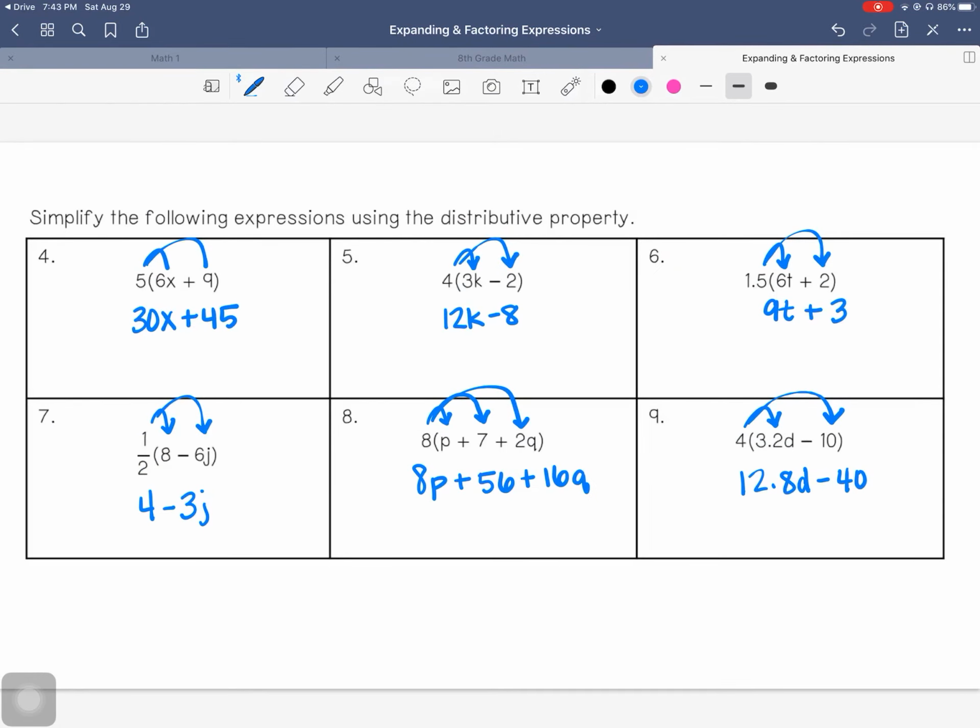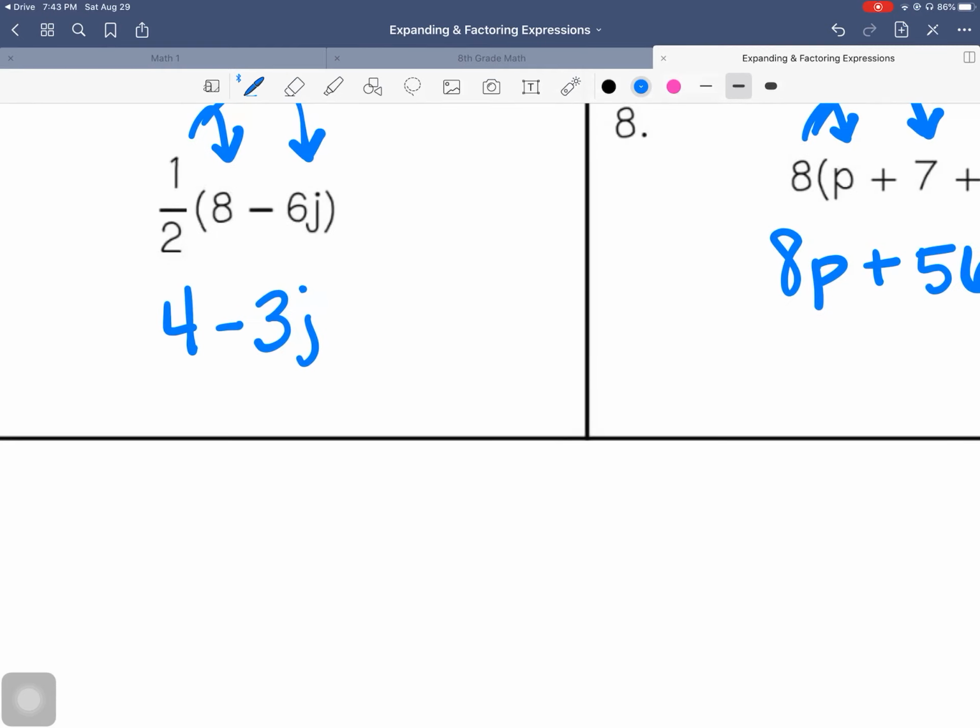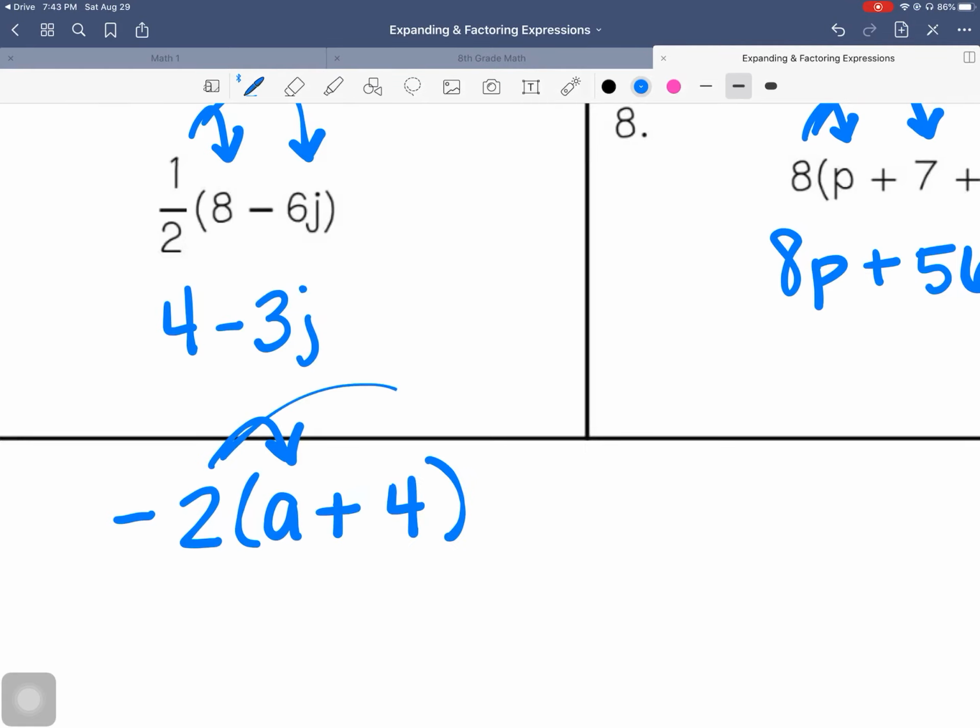Now, one example that was not given, I want to try something. If I have a negative outside of the parentheses, this will be negative 8a minus 8.